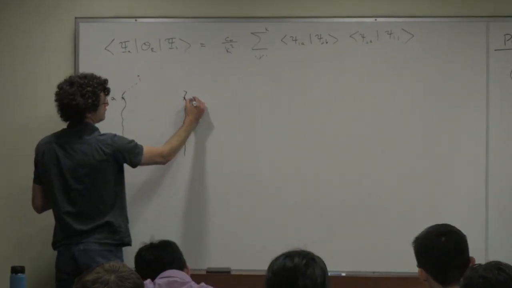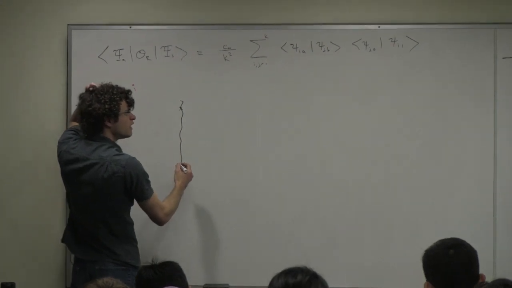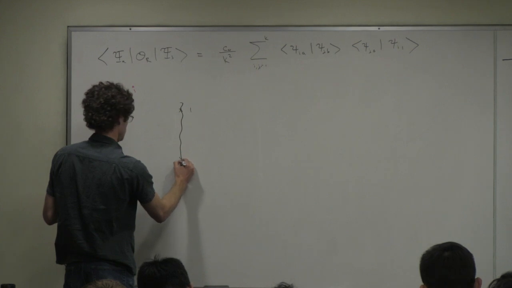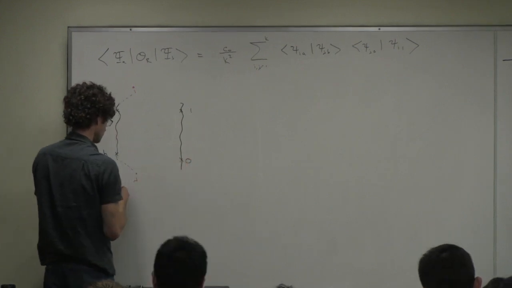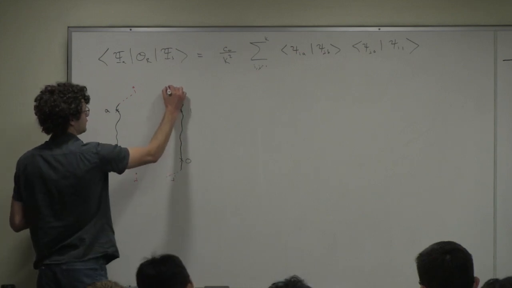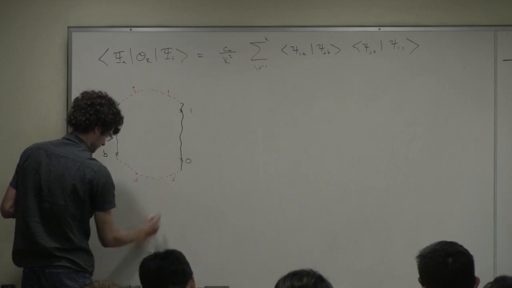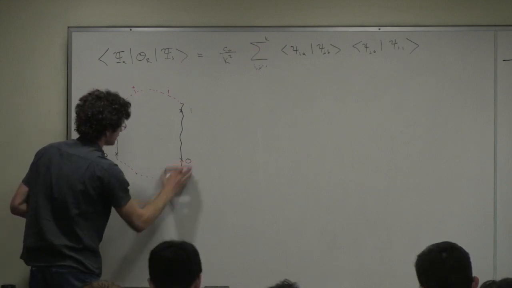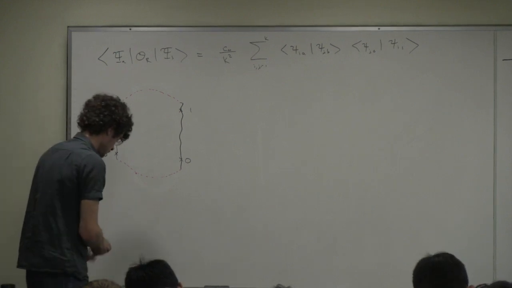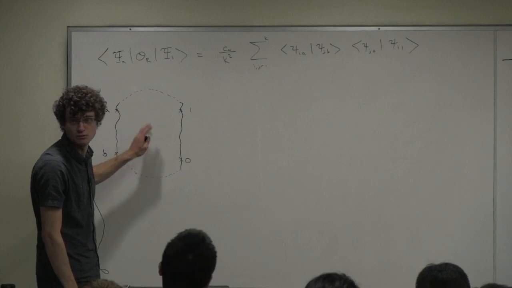We have a 1 here, 0, and also J and I for the end of the world brane. So we can connect these index lines and then erase the explicit variables I and J. So these are the boundary conditions that we're supposed to fill in with some gravity computation.